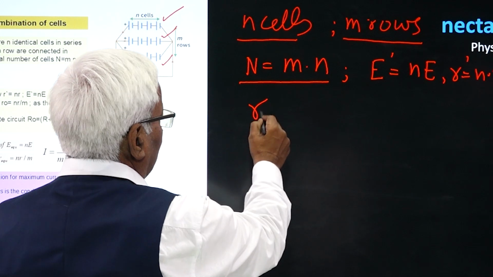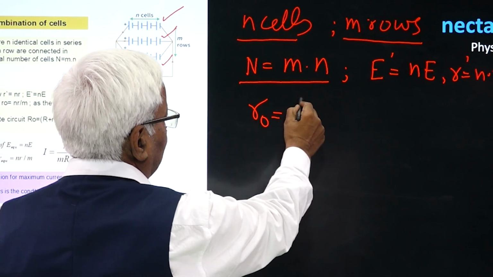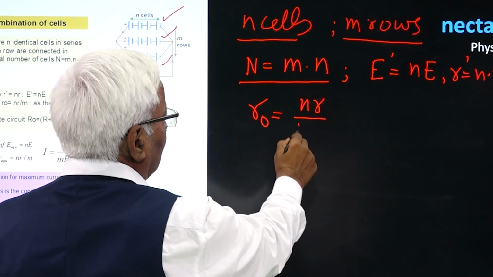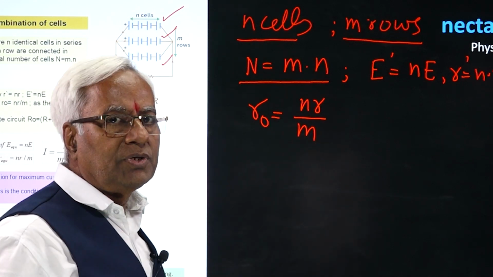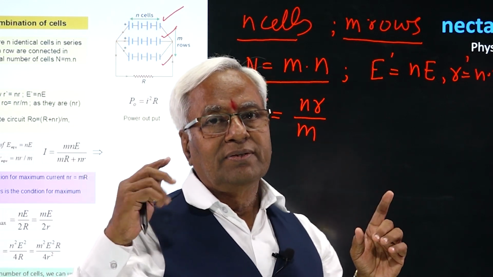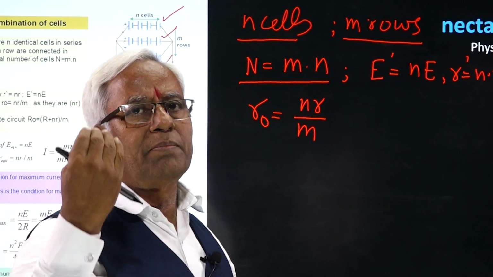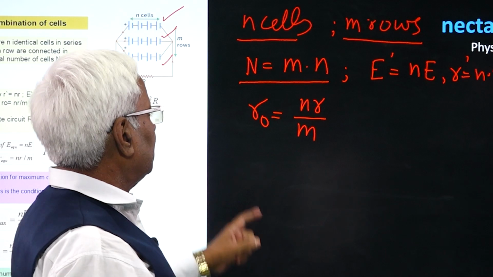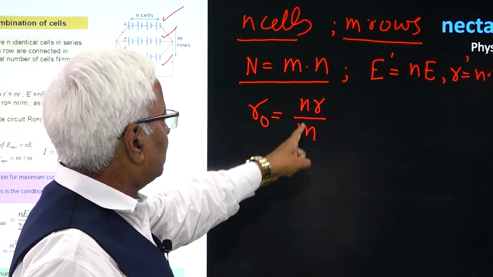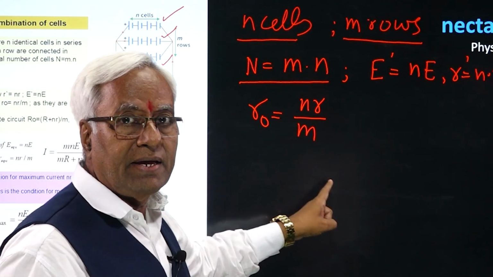Then in that case, you have total internal resistance nr upon m. We are using the same convention that in parallel combination, the whole value becomes 1 upon n, but here the number of rows is m, that's why it is nr by m.